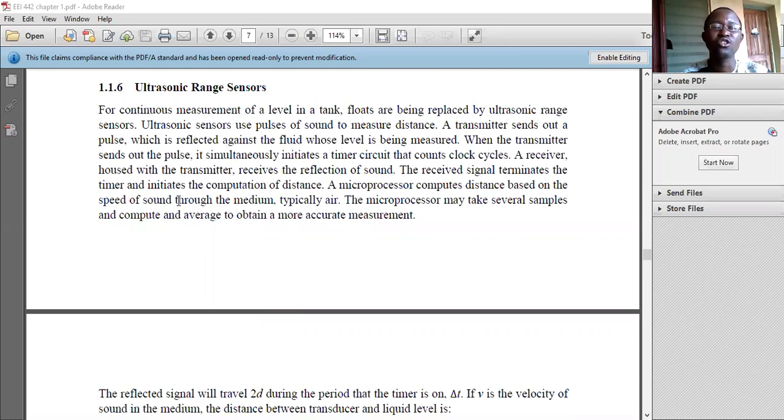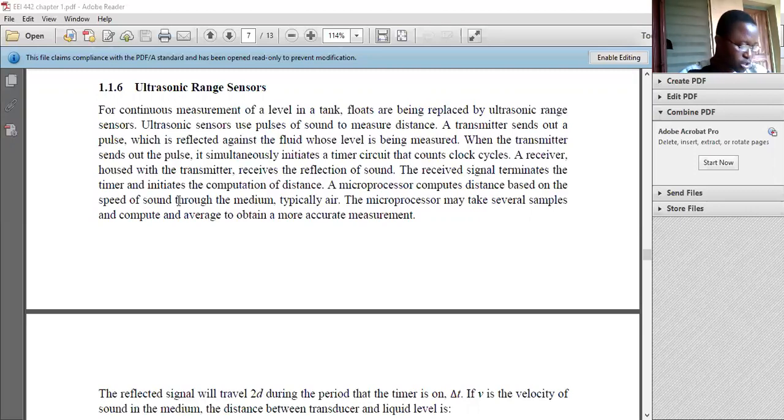Now, ultrasonic sensors use pulses of sound to measure distance. So the setup is such that you have a transmitter, which is also a receiver, something that can transmit and receive. That is a transceiver. The transmitter first of all sends out a pulse in the form of an ultrasonic signal.